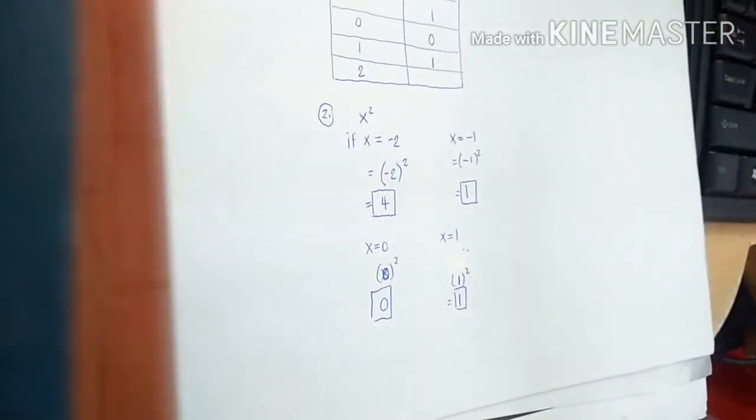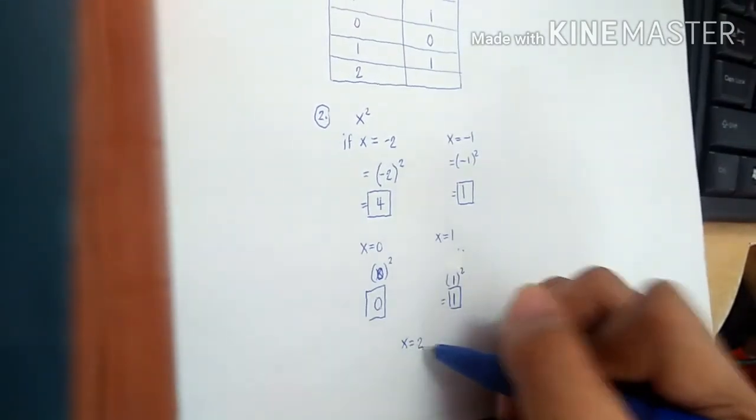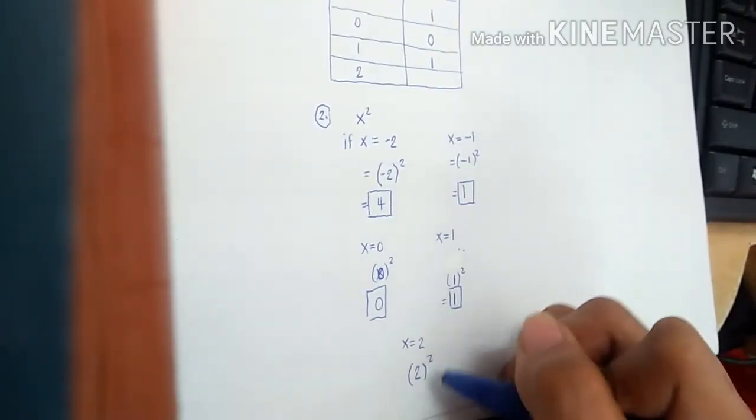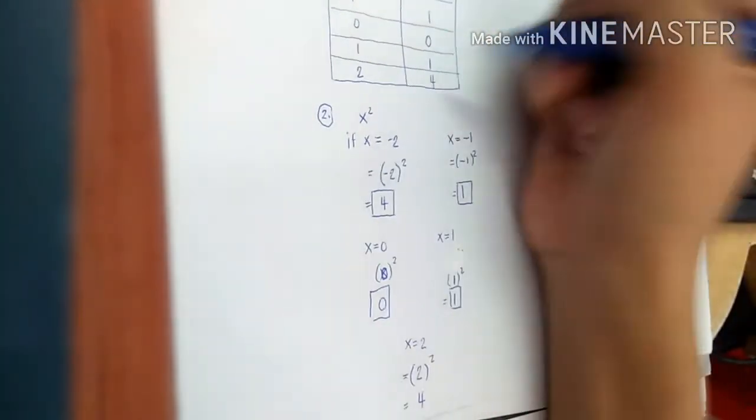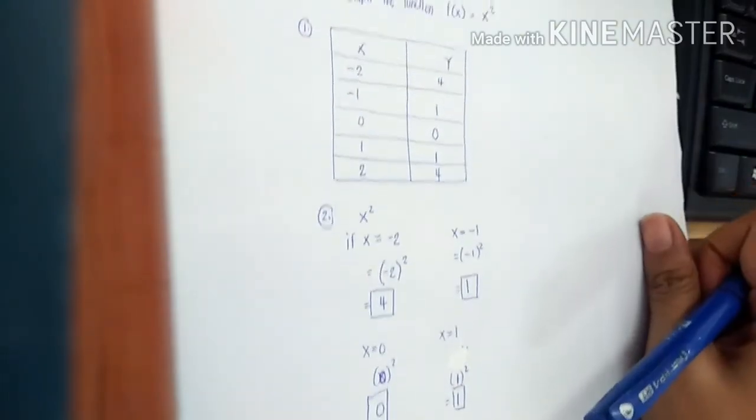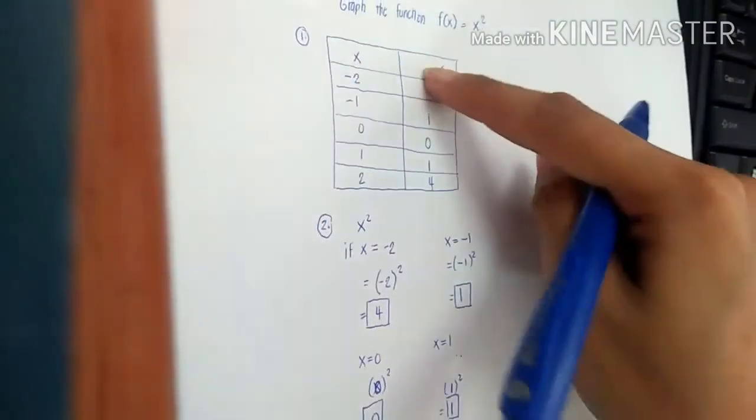And then the last one, x is equal to 2. 2 squared is equal to 4. So there, we have the values already complete.